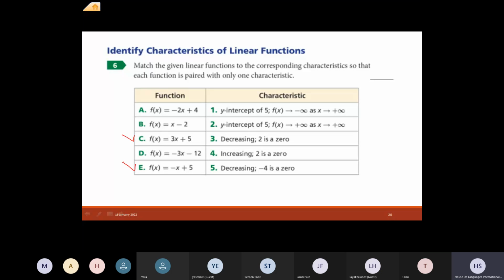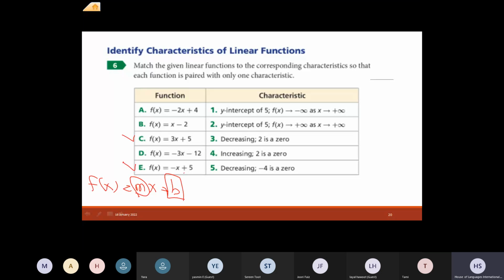Because all of us know that f of x is mx plus b. B is the y-intercept. M is what? The slope. So y-intercept of 5 means we have plus 5 here, plus 5. We have two functions. Now we will determine if it is C or E.